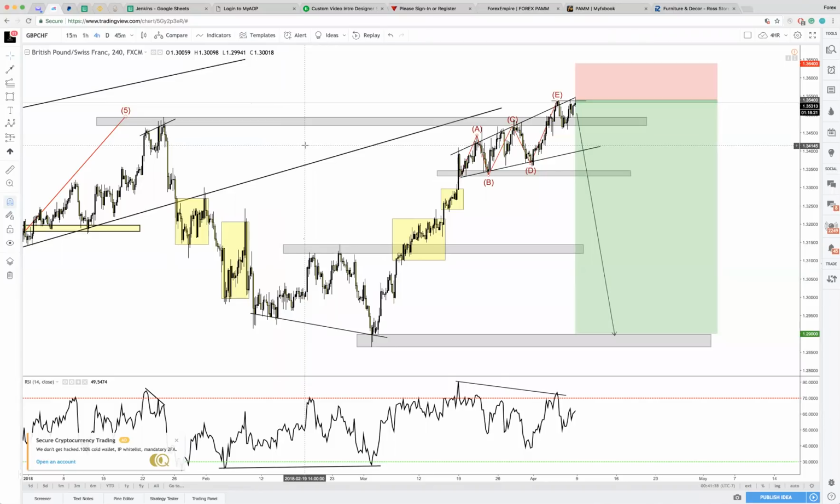All right, stop loss would be 364, and take profit is 2,900.